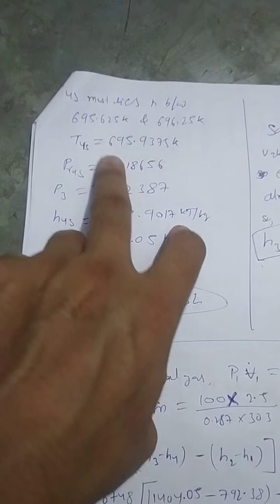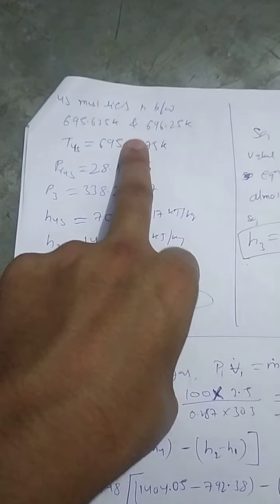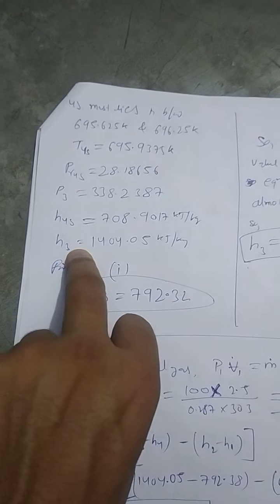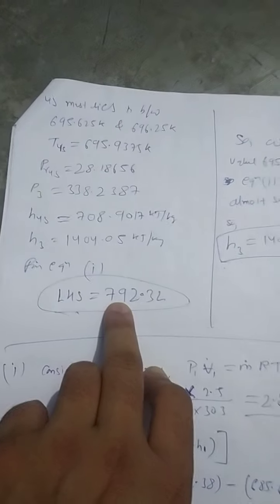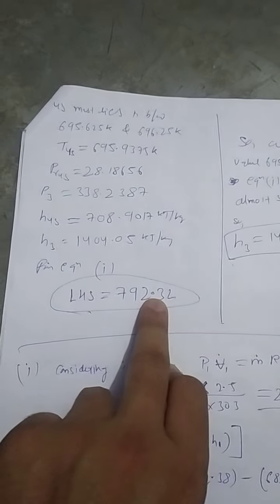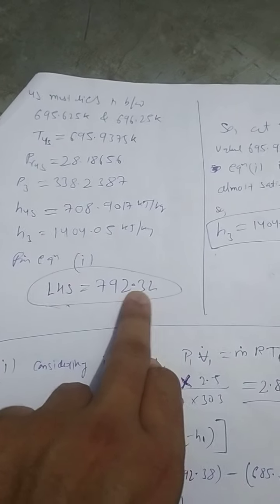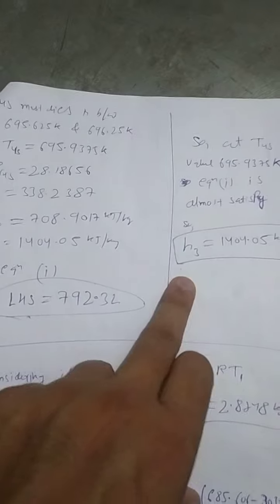Taking the average, 695.97 as T4s, and seeing all these values from the table and putting them in the equation, we get 792.38, which is quite close to the required value of 792.38. So we can choose this value.